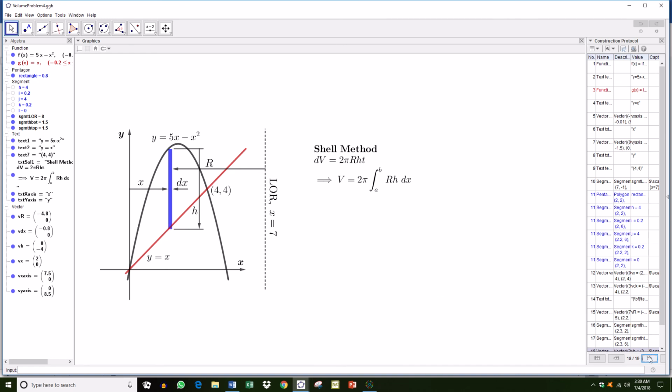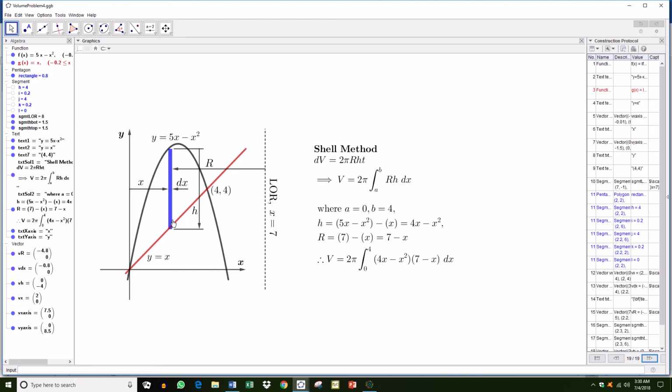So let's do this. H is the y value there minus the y value here. So 5x minus x squared minus x. That's h. R is the x value at the right point minus the x value at the left point. So the x value here is 7 and the x value here is x.